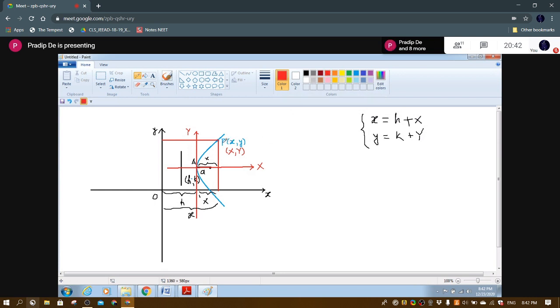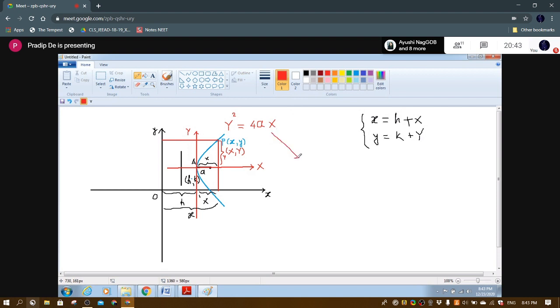This part is capital Y. This is capital Y. So what will be the equation of this parabola? Y square is equal to 4aX. This is the equation.